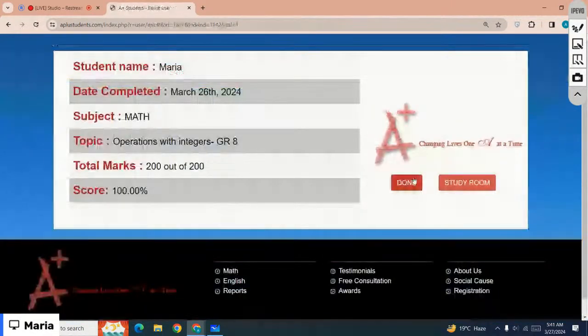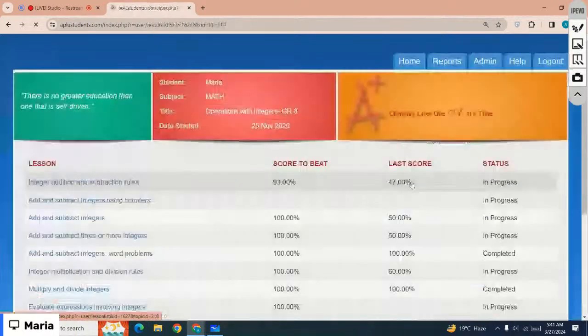Okay, we are done with the lesson. We were working on grade 8 math.